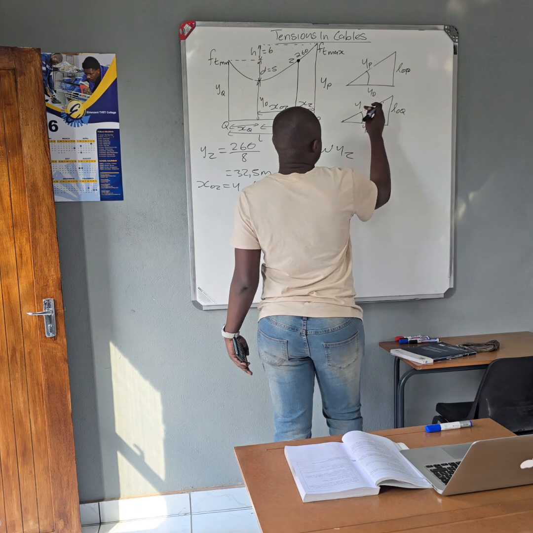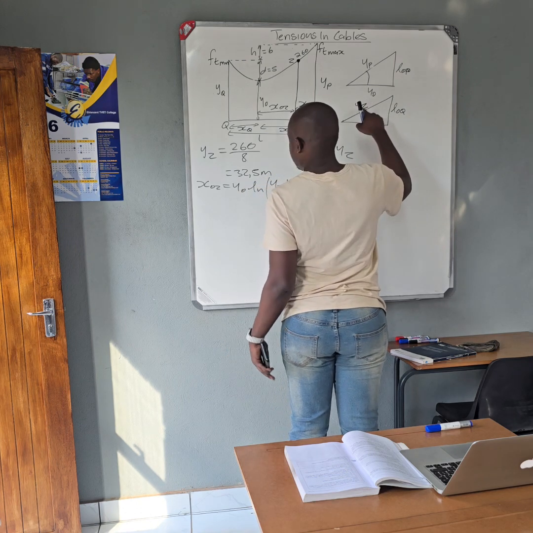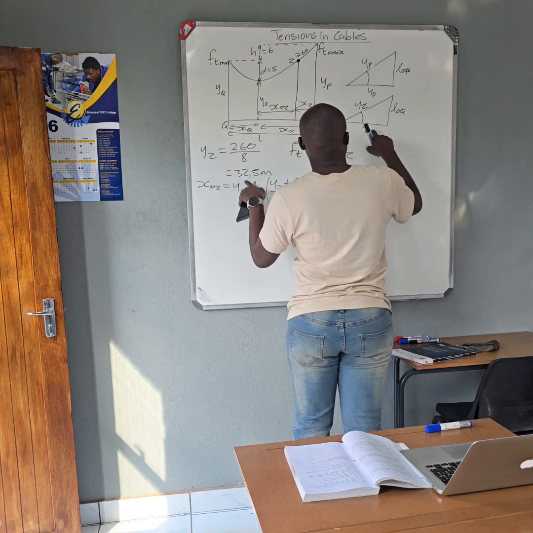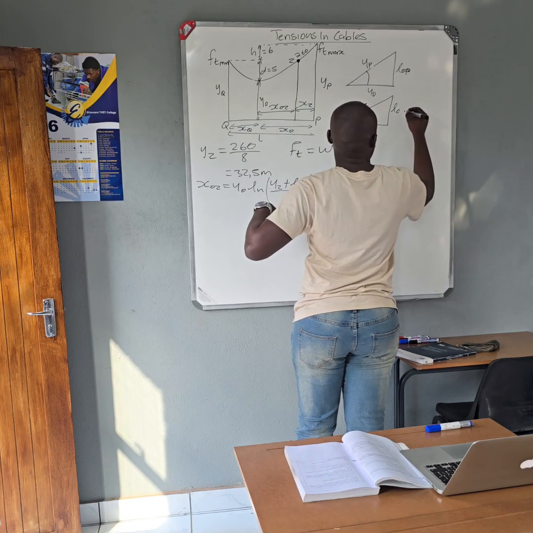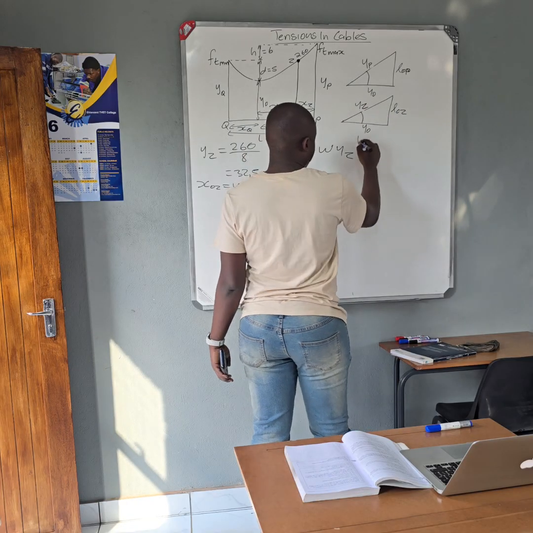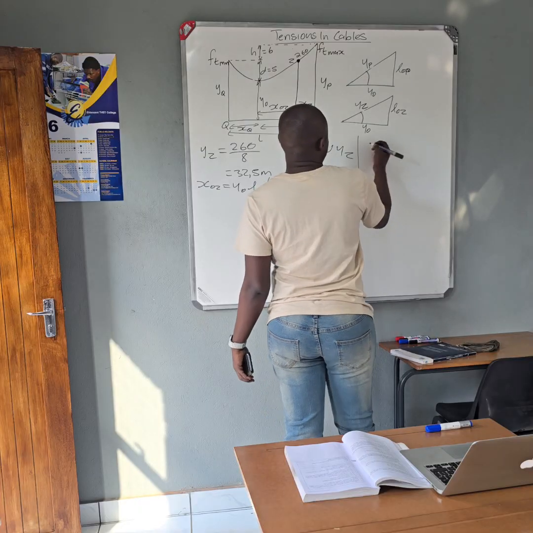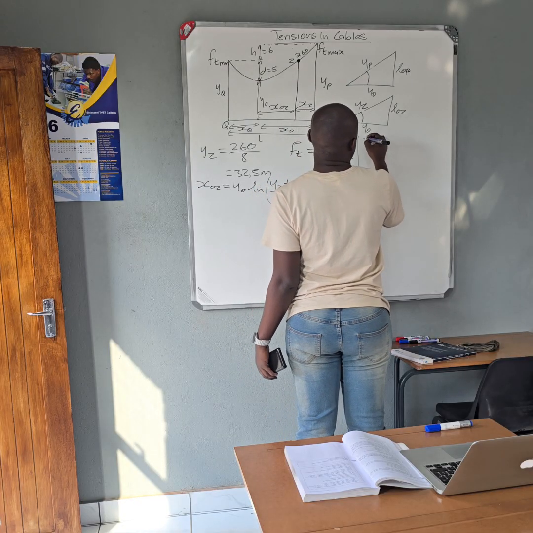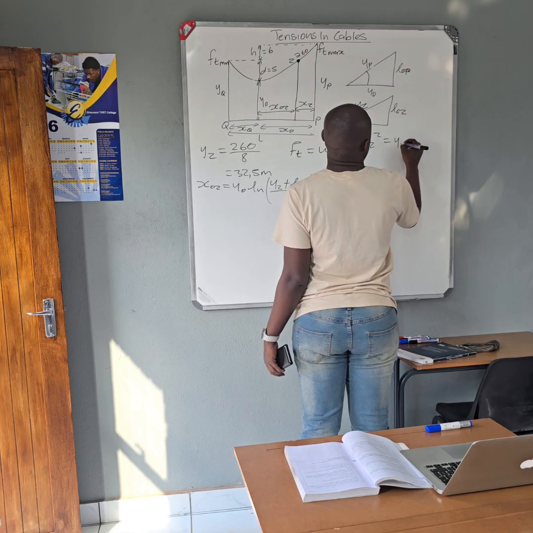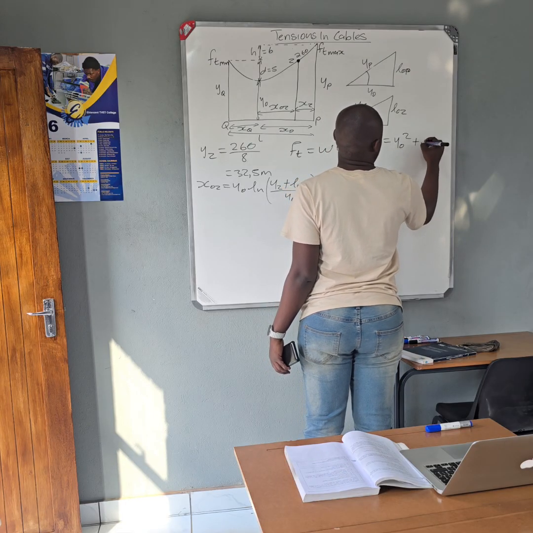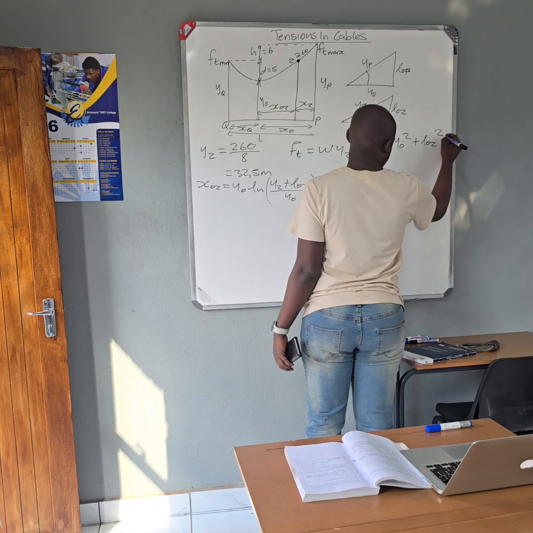Let me make my new triangle. By Pythagoras, YZ squared is equal to YO squared plus LOZ squared.